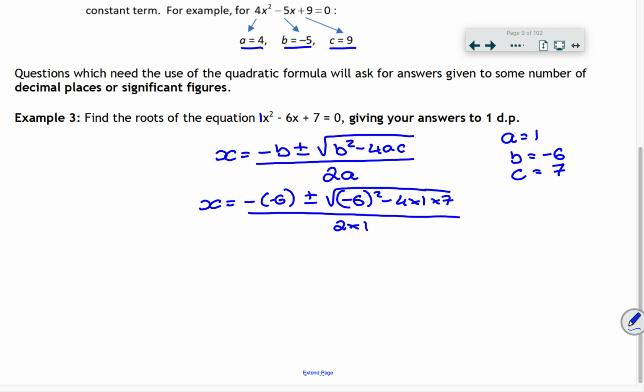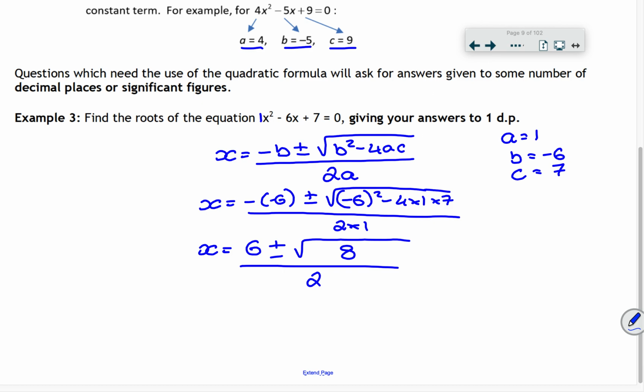Okay, so that will give me minus minus 6 is plus 6, so it'll be 6 plus or minus the square root of, and I want to work out this bit underneath the square root. So you can either use your calculator or you can just do it manually. So that would give me minus 6 squared minus 4 times 1 times 7, so it's 36, take away 28, which will give me 8, all over 2.